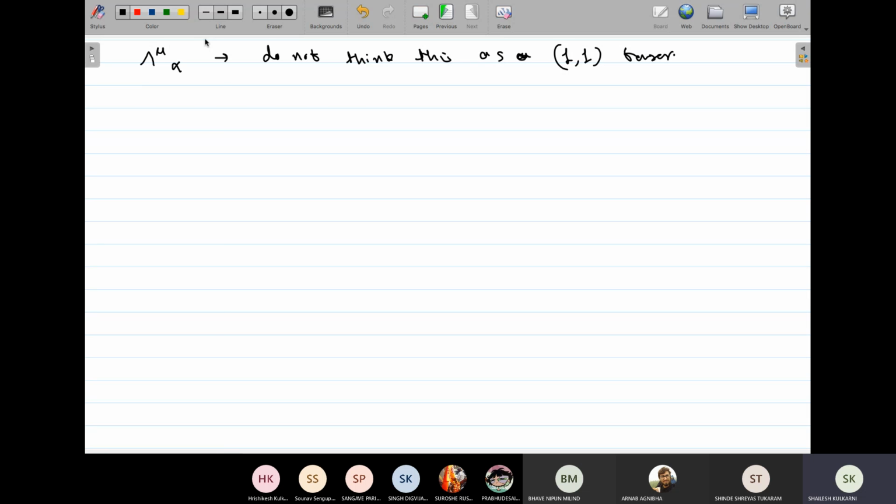Clear? Fine. Now, once we have the metric in place and the Lorentz transformations, I will erase this statement, because I want to write something else.